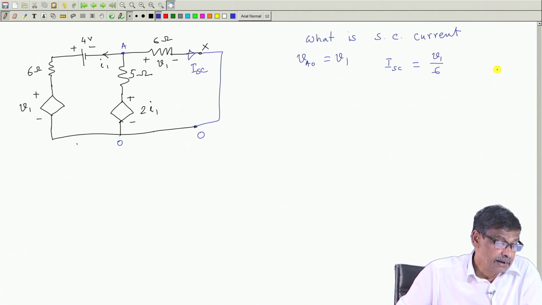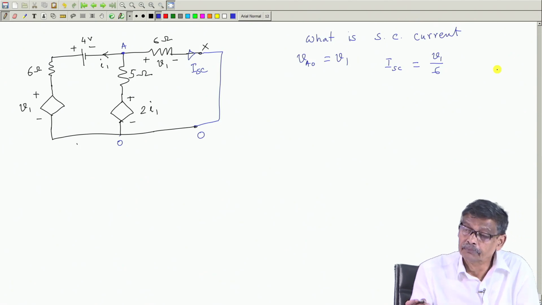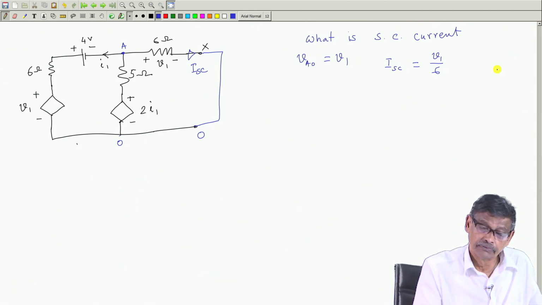Now, if that be the case, then what you do is write down the KCL at node A. So, V1 is equal to VA0.